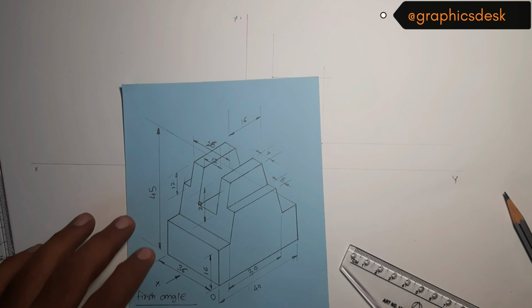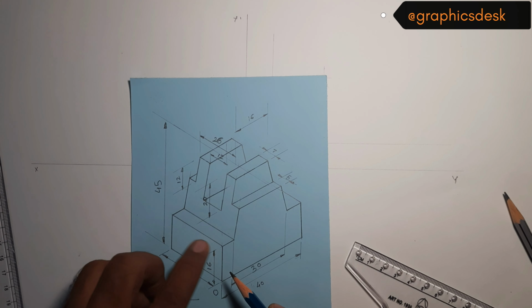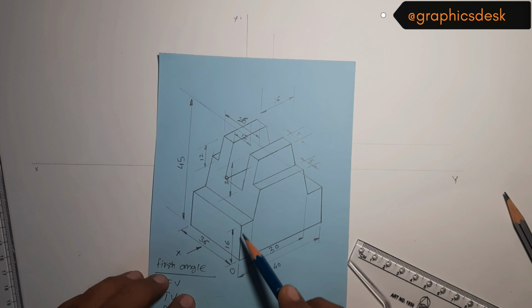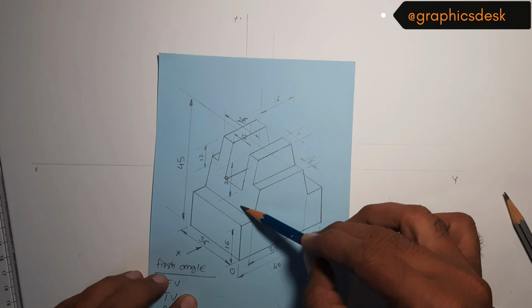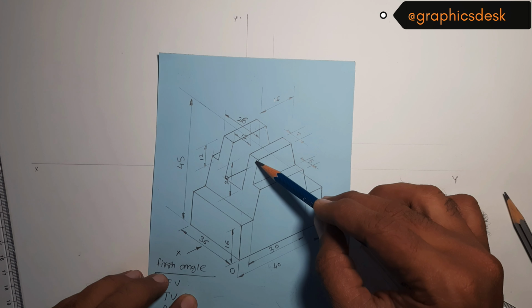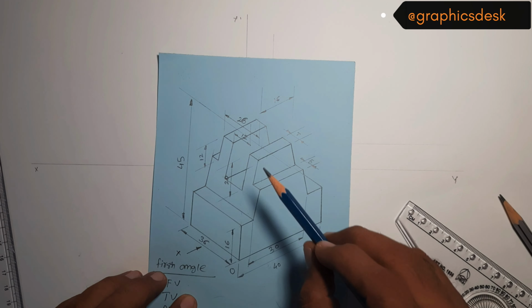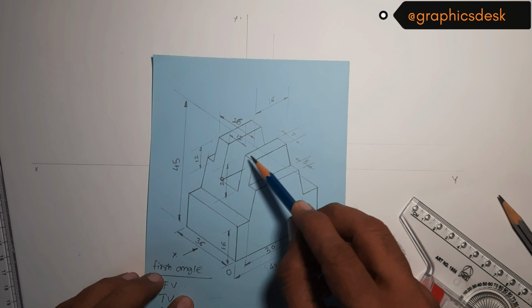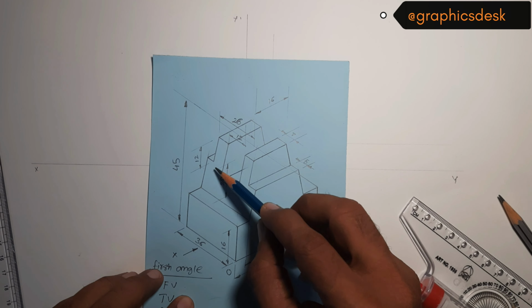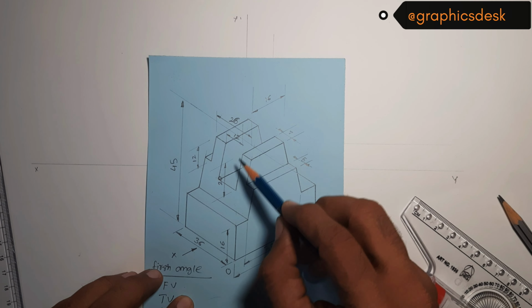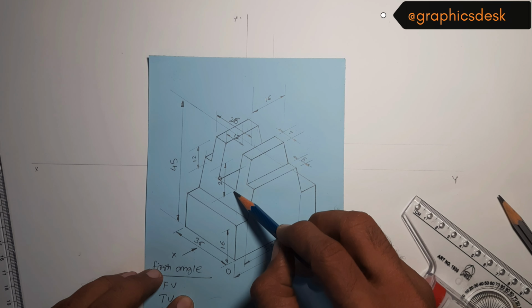So let's see what all things we have been given. Now this particular face, which is the front face visible in the front view, is at a height of 16 mm, and then we have this slant face. It is essentially until the top of the object, but what we have been given is this particular line is 12 mm from the top, and this particular face, which will again be represented as a line in the front view, is 20 mm from the top.